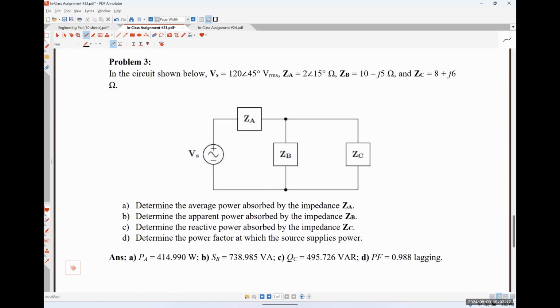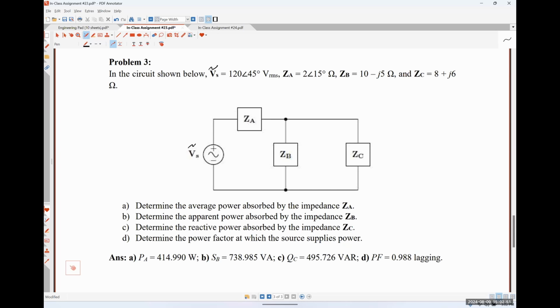So in this particular problem, you are given, and this should have a tilde over it because it's an RMS voltage, an RMS phasor source voltage as well as 3 impedances, and you're asked to determine the average power absorbed by impedance ZA, apparent power absorbed by ZB, reactive power absorbed by ZC, and the power factor at which the source supplies power.